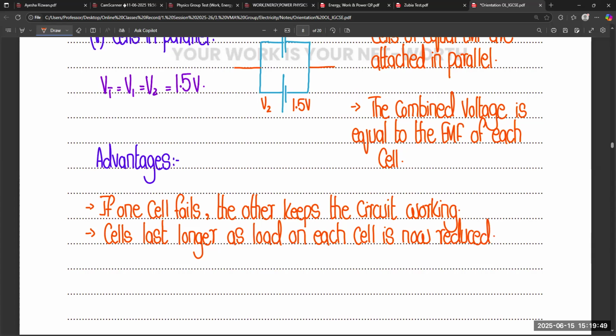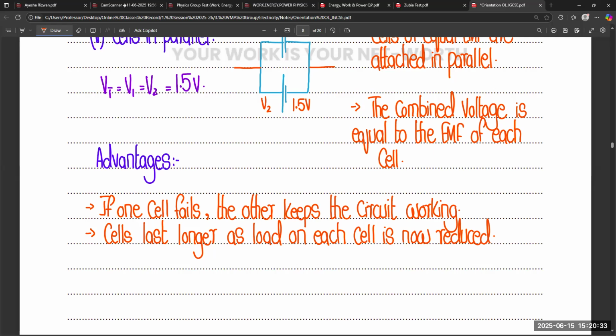Because we are using two cells and both cells give you the same value 1.5, and in output we are getting the value 1.5. It means the load on one cell will be less as compared to the situation when we are using only one cell in the circuit, right? So this is the difference. So these are the advantages and the concept of series and parallel combination of the cells in the circuits.